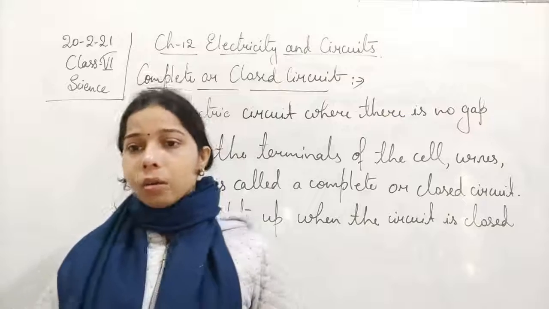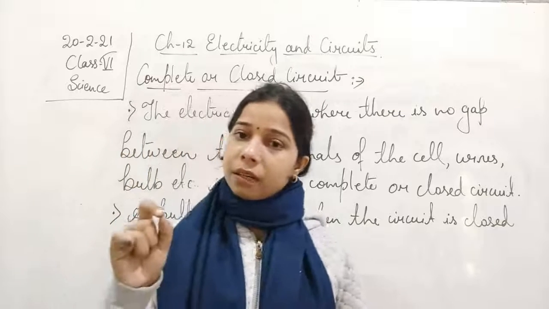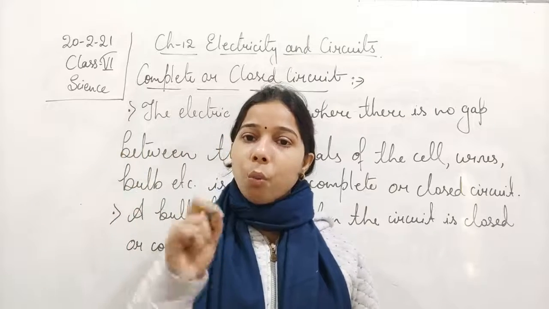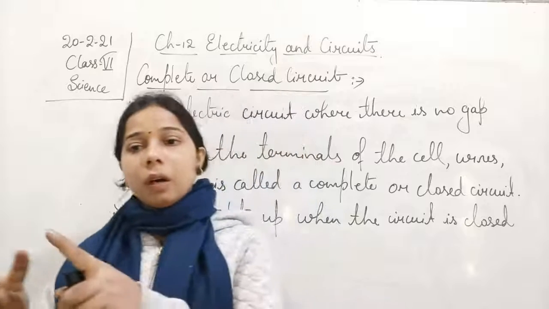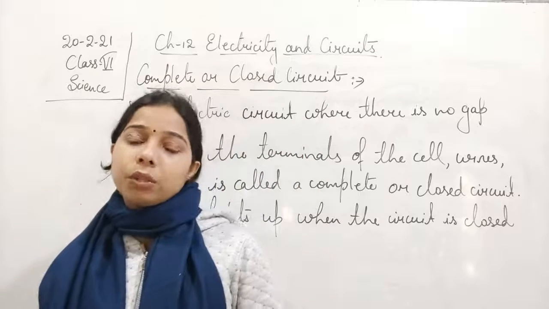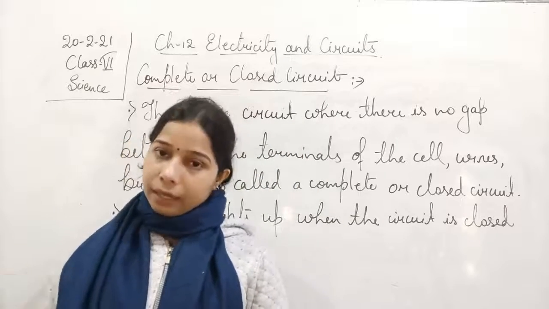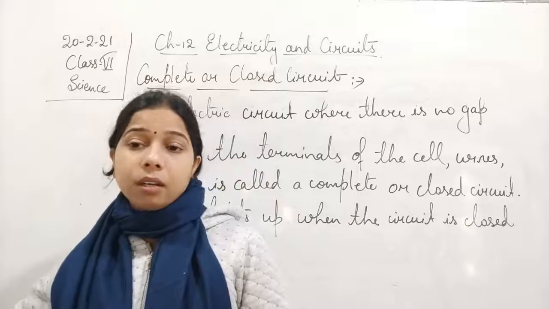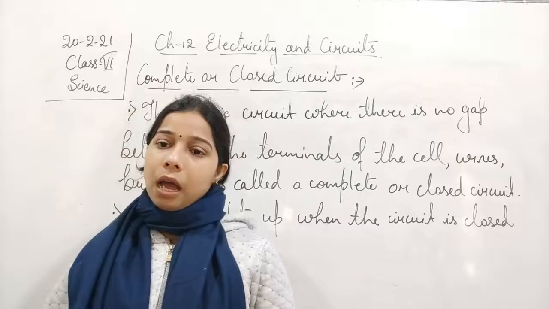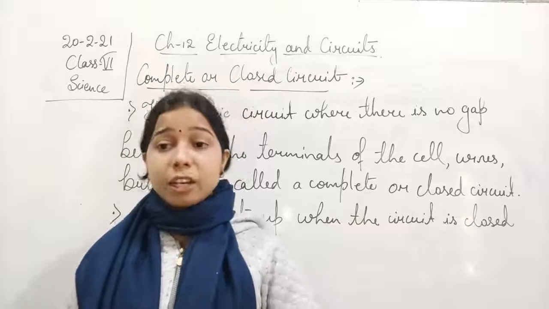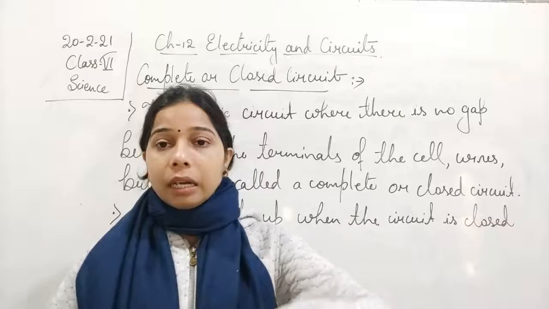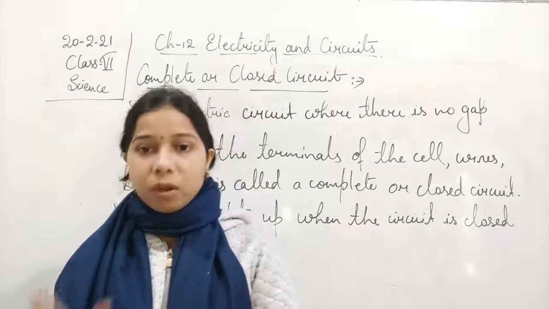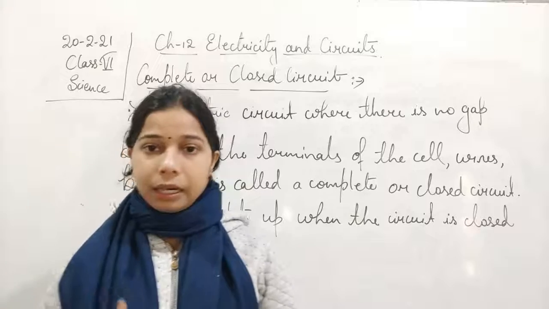Now in a closed circuit, the current will flow from one terminal of the cell to the other through the connecting wire and the bulb. And the direction of the flow of electricity is taken as from the positive terminal to the negative terminal.